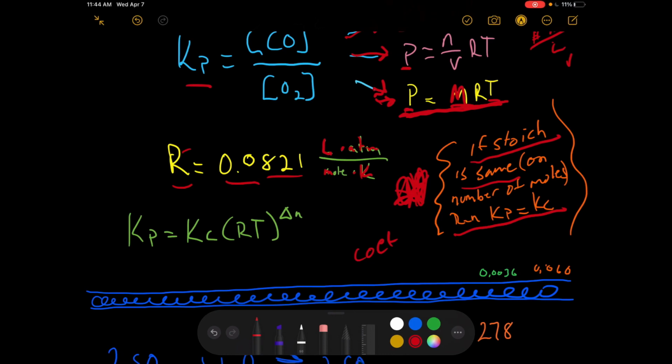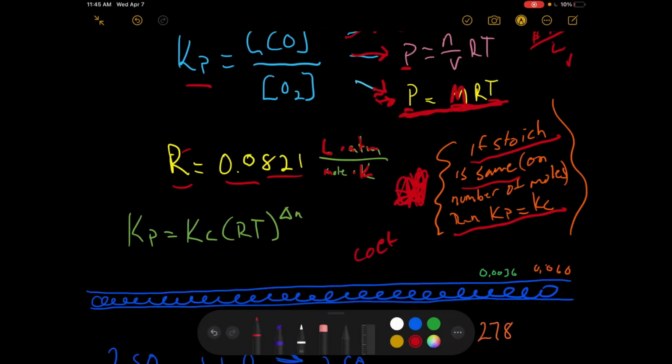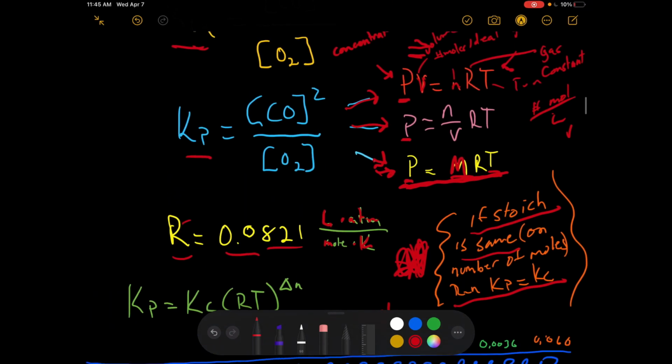If they ask you which one of these are in equilibrium, and you can look through an equation and see that the number of moles on the reactant side is equal to the number of moles on the product side, then you will be able to say that Kp, the pressure, is going to be equal to Kc. I'll show you that equation in just a minute. I know this is a little difficult. I'll send some videos out specifically working through practice problems, and we'll do one down at the bottom.